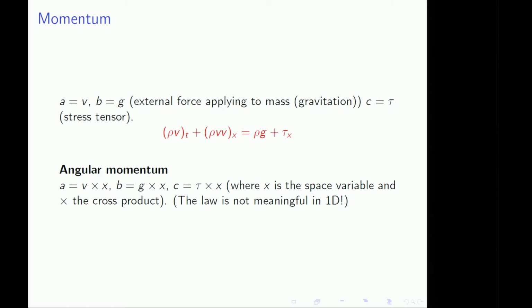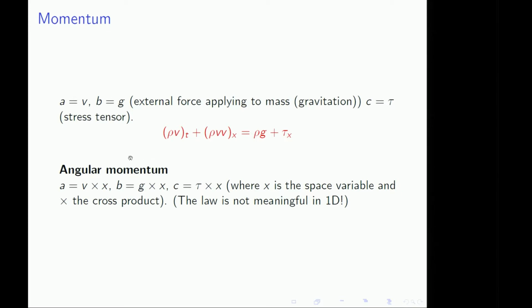So if the system is not moving around globally, but just rotating around itself, there can be significant angular momentum even if there's no momentum in the sense of this law. In 1D, this makes no sense, because in 1D you can't turn around. In 2D, 3D, things are different in this respect.